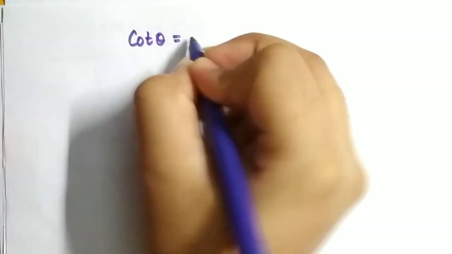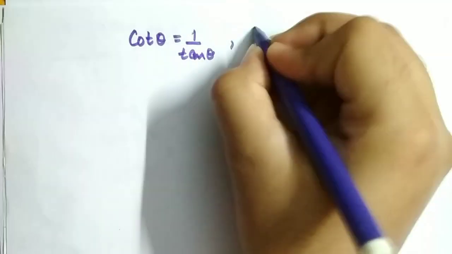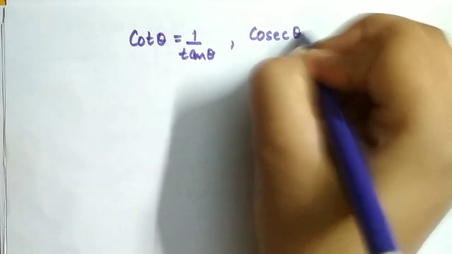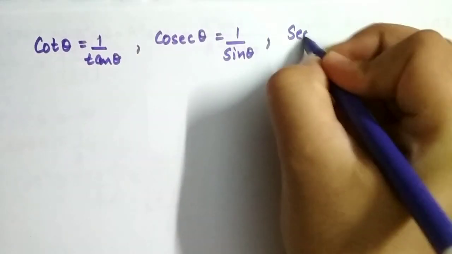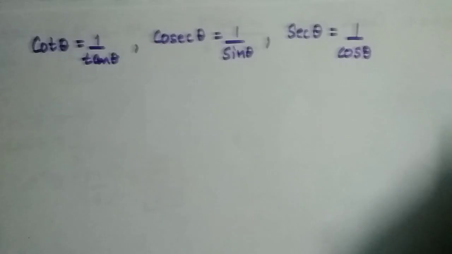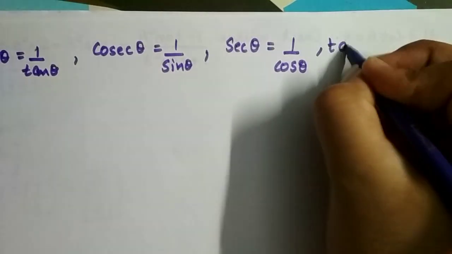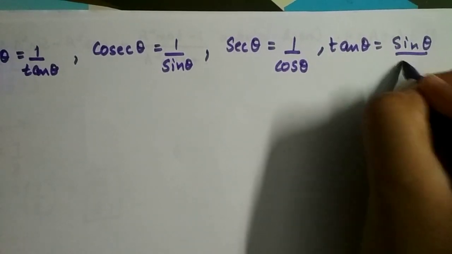Before making the table, see this. You know that cot theta is the reciprocal of tan theta, cosecant theta is the reciprocal of sin theta, secant theta is the reciprocal of cos theta, and tan theta can be written as sin theta upon cos theta.